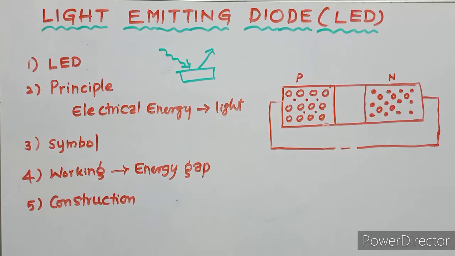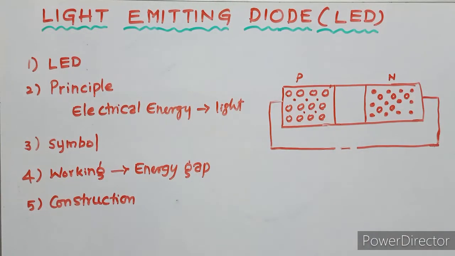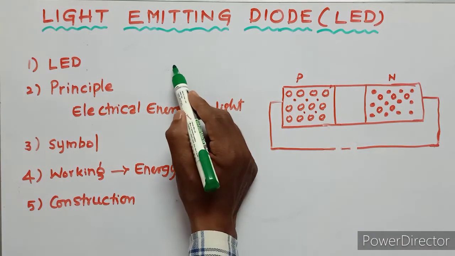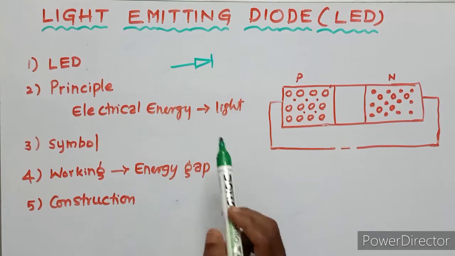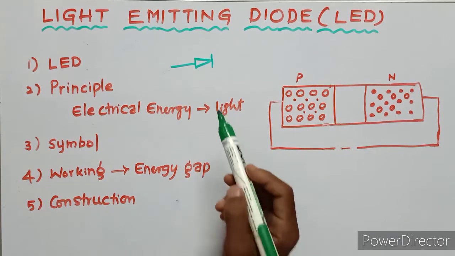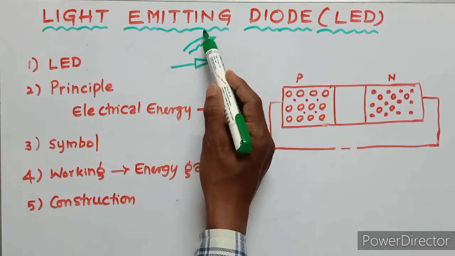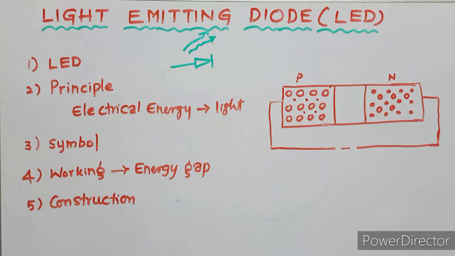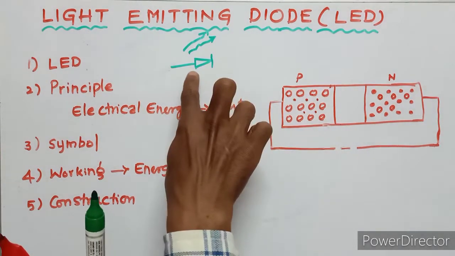But in this case, we apply the electrical energy on the diode. Light emits. So it is called light emitting diode.